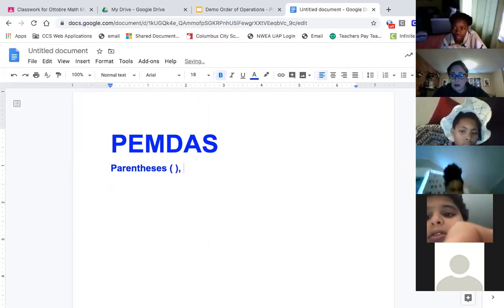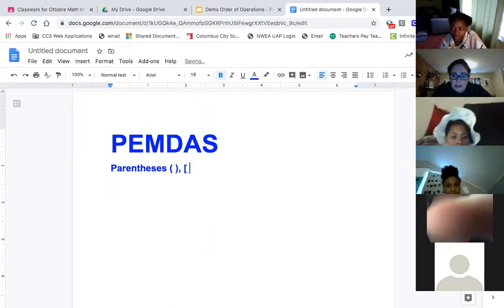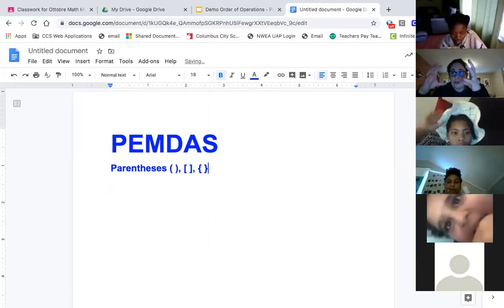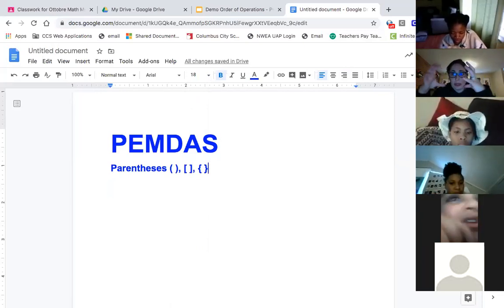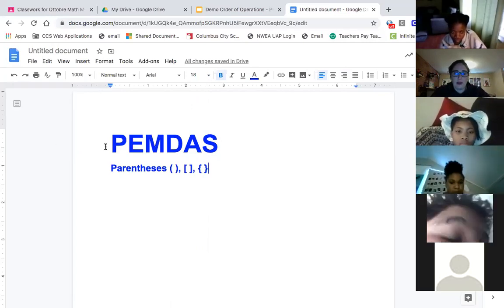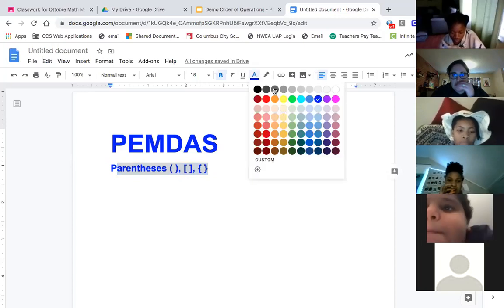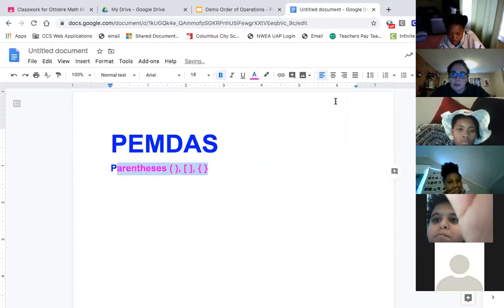However, that can also mean brackets and braces. So all of those are considered grouping symbols. So you always want to do the grouping symbols first. I'm going to change this to a different color so that it's really standing out, like pink.